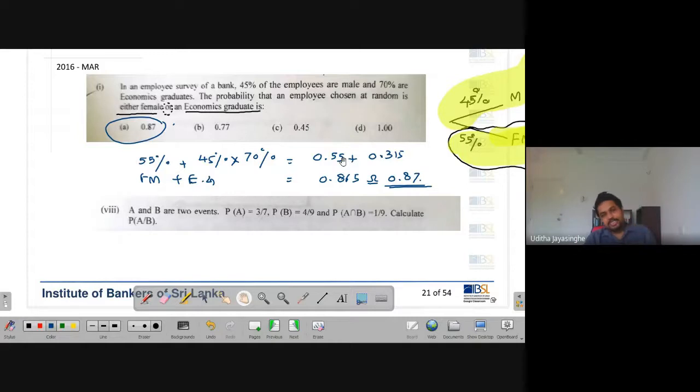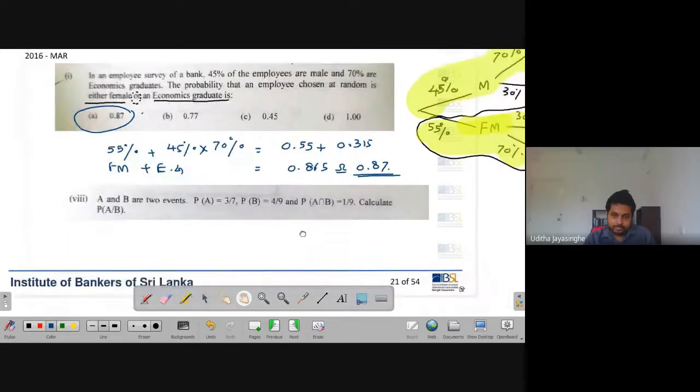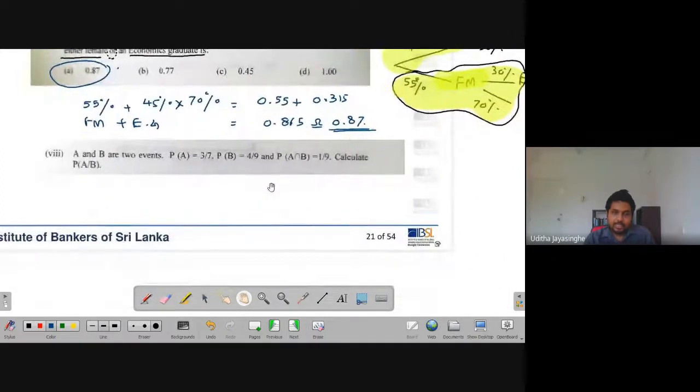The same question paper, question number 8. A and B are two events. P(A) is given, P(B) is also given, P(A intersection B) is also given. Calculate P(A given B). Now this given mark is not clear in the question paper, but don't worry, we'll use the theories that we know.